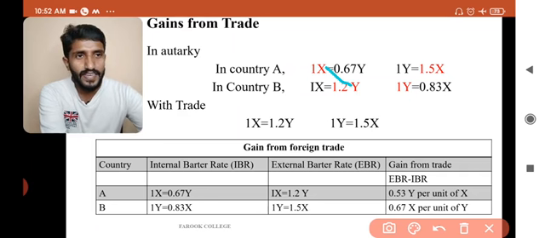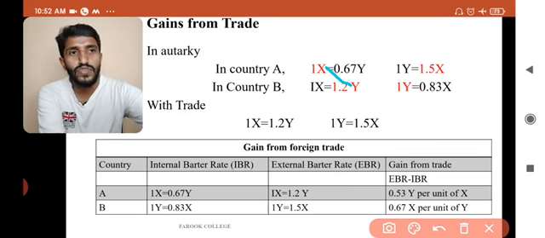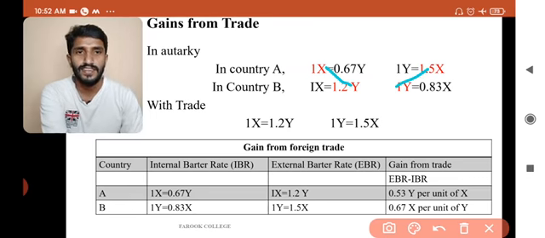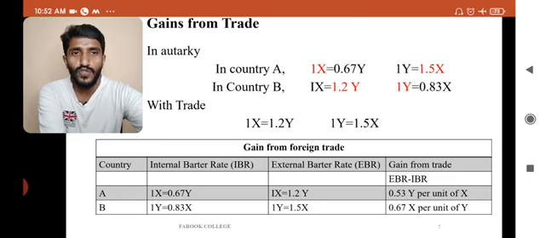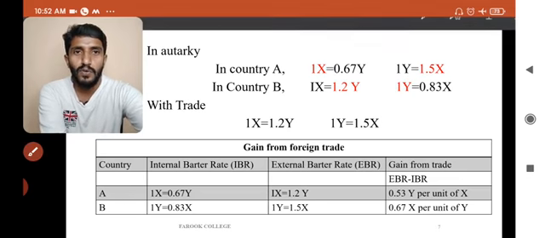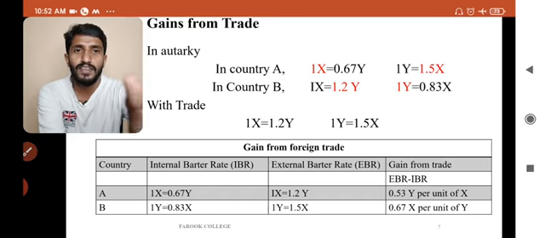Then in the second case, you can see that in country B, 1Y was exchanged for 0.83X. Okay, but it can be exchanged for 1.5X with another country. So through this exchange, both the countries will be getting benefit.